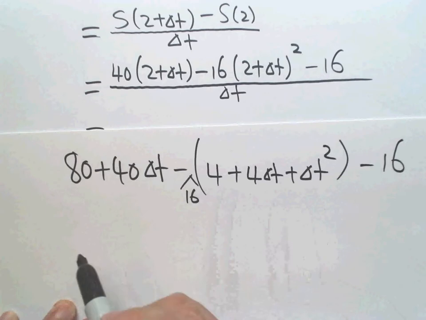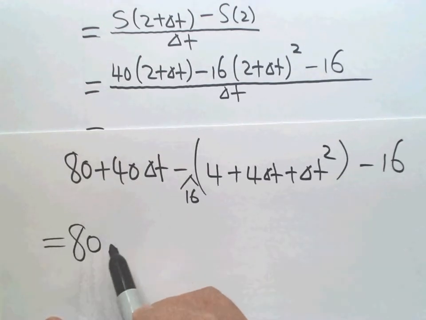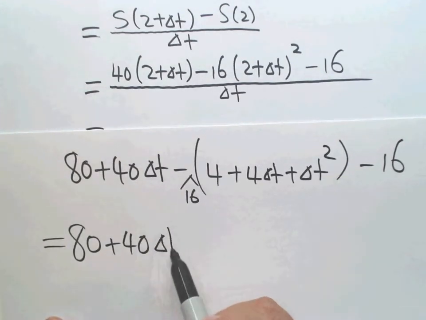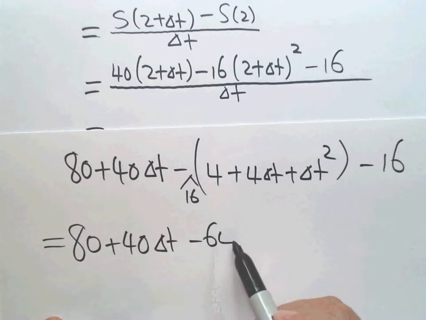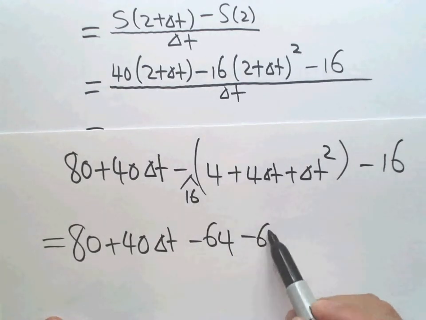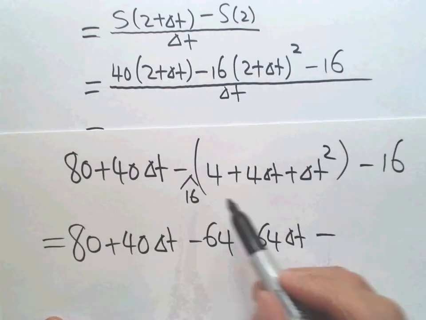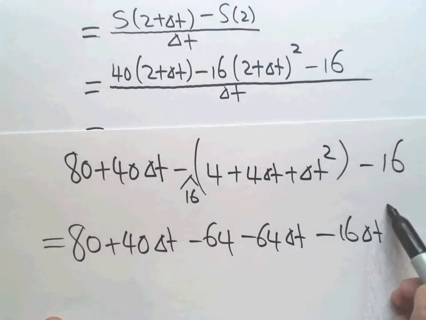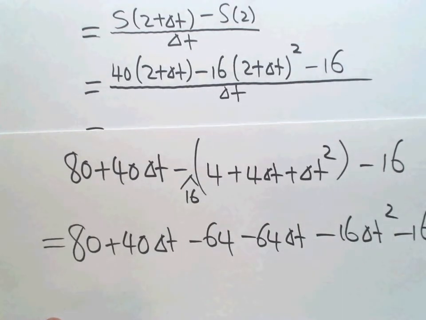Okay, minus 16. And then I distribute the 16 inside. See what do we get? We get 80 plus 40 delta t minus 64 minus 64 delta t minus 16 delta t squared minus 16.